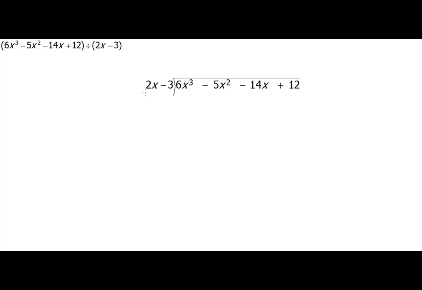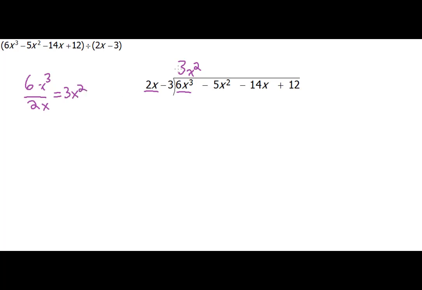So I'm going to start out by asking, what times 2x is going to give me 6x cubed? Now that's going to be 3x squared. And again, you can always work backwards to figure out what that is by dividing 6x cubed by 2x, which is 3x squared.